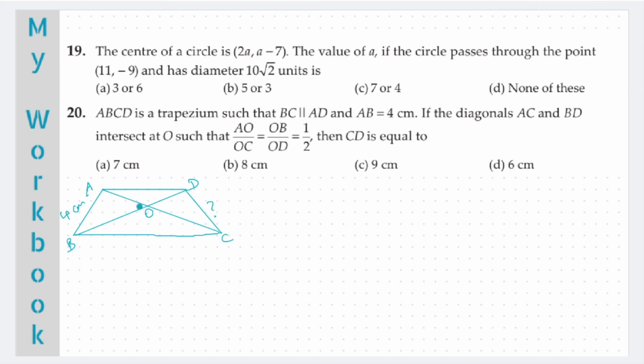Here, let's consider these two triangles AOB and COD. These two angles will be equal. Let's name them 1 and 2. Angle 1 is equal to angle 2 because they are vertically opposite. And it's given that AO by OC is equal to OB by OD.